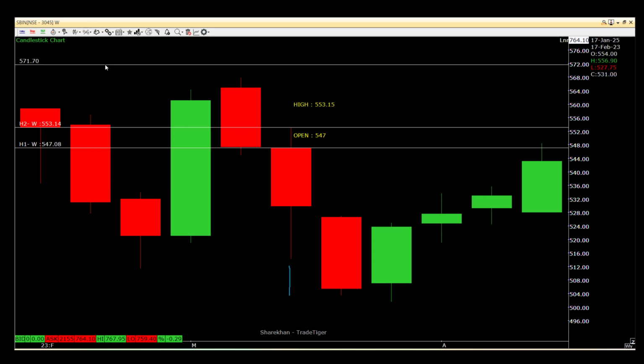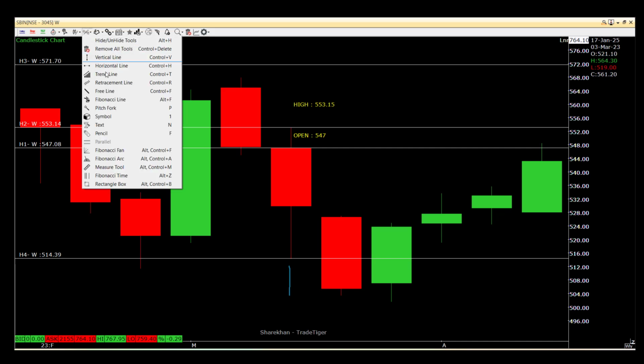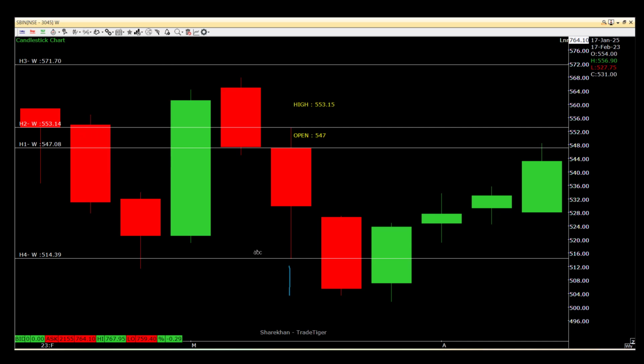We will take another line. So this was the low, 514.30.